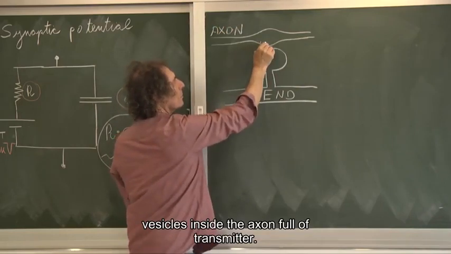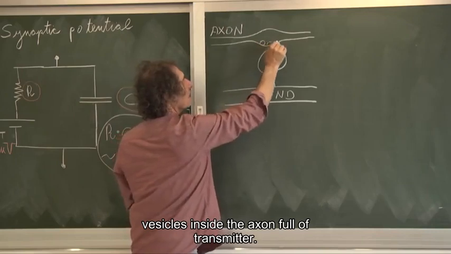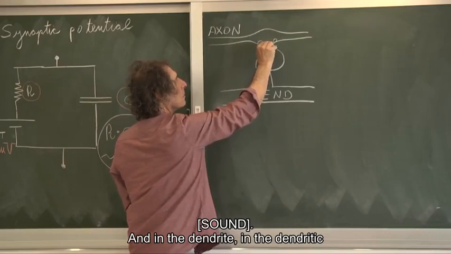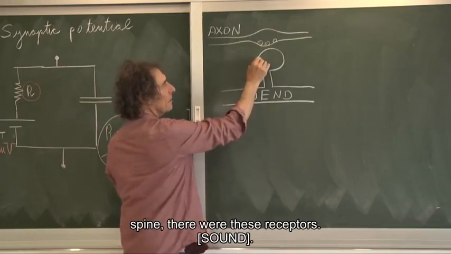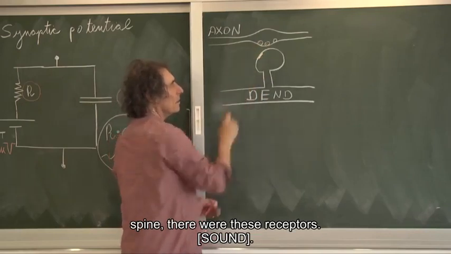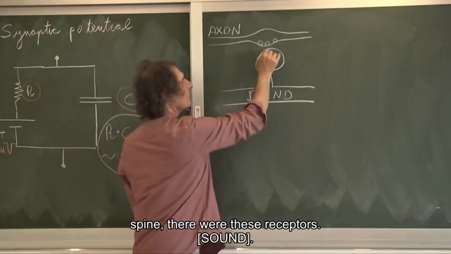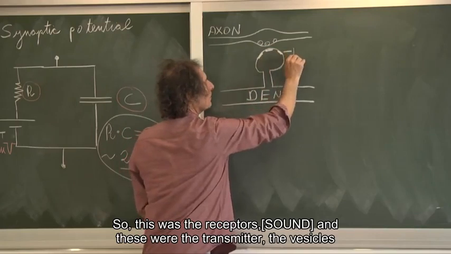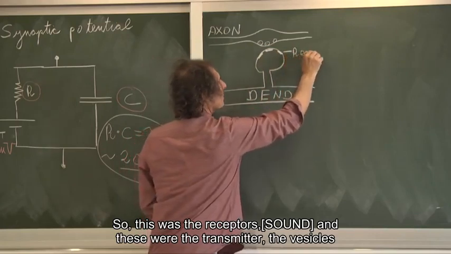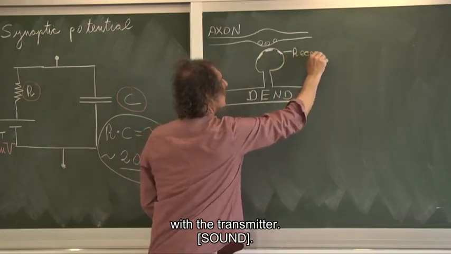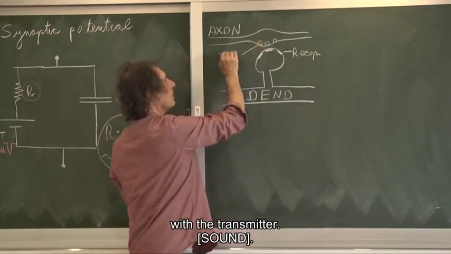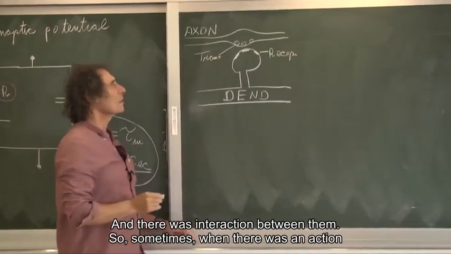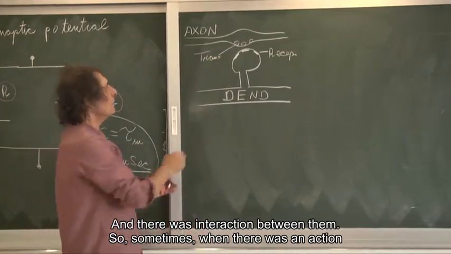And you remember that there were these vesicles inside the axon full of transmitter. And in the dendrite, in the dendritic spine, there were these receptors. So these were the receptors. And these were the vesicles with the transmitter. And there was interaction between them.